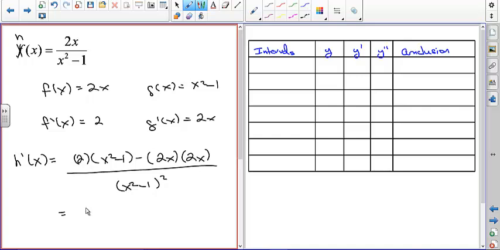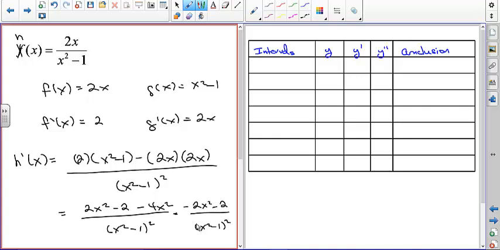So if we multiply out the numerator, you get 2x squared minus 2 minus 4x squared, all divided by x squared minus 1 squared, which is negative 2x squared minus 2 divided by x squared minus 1 squared.